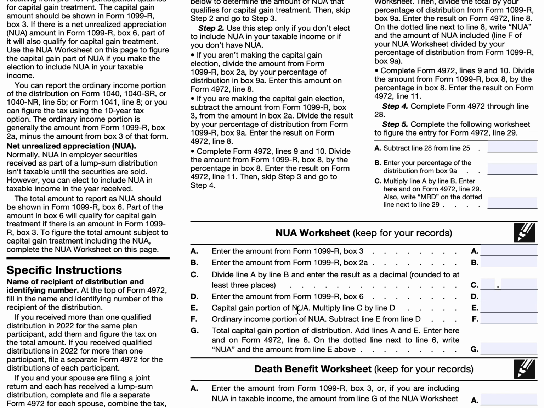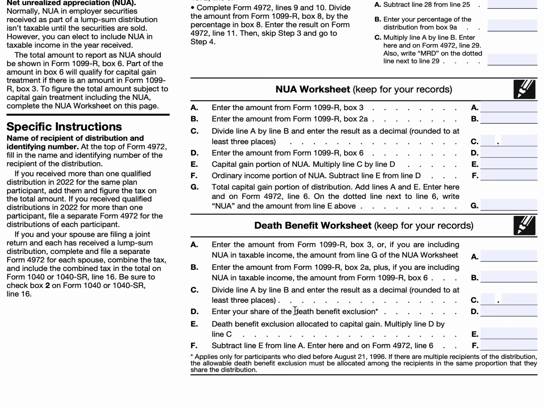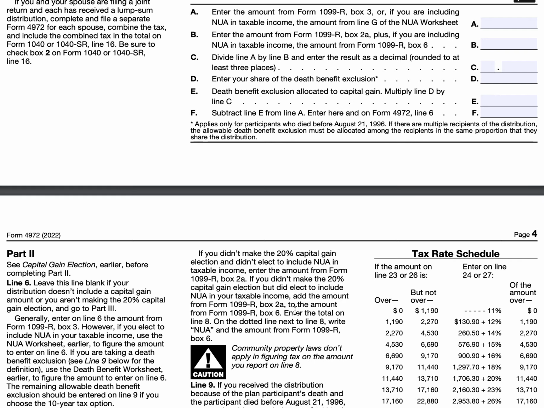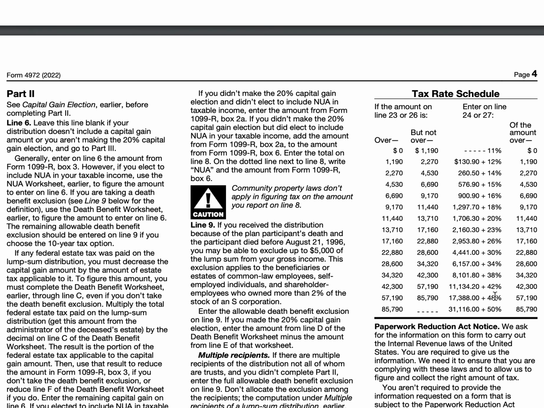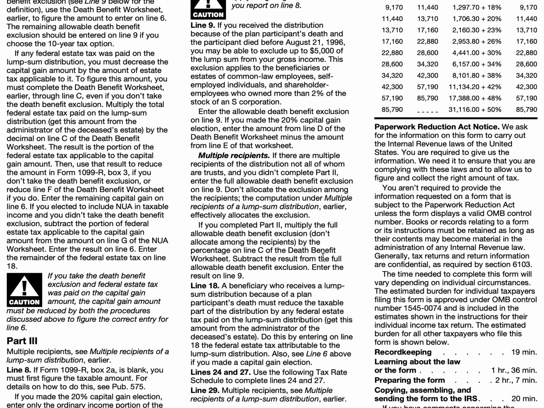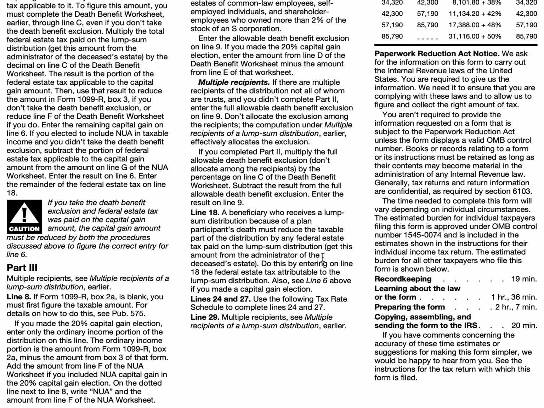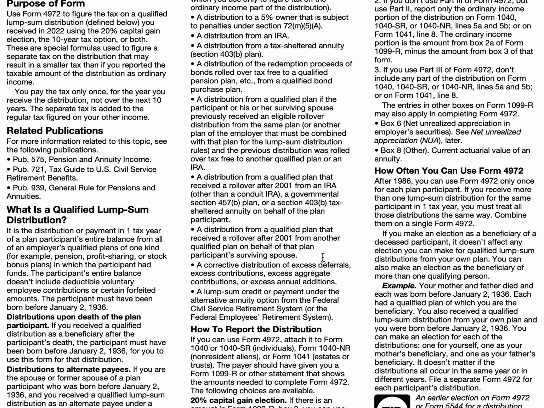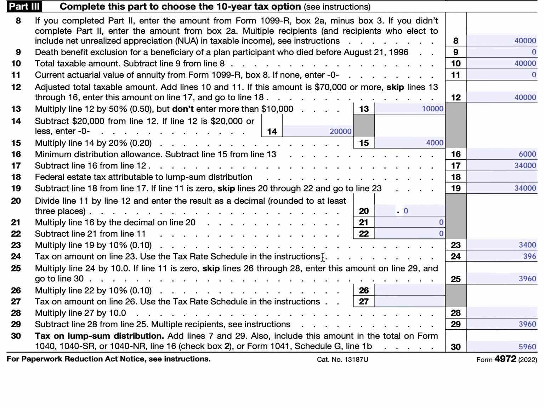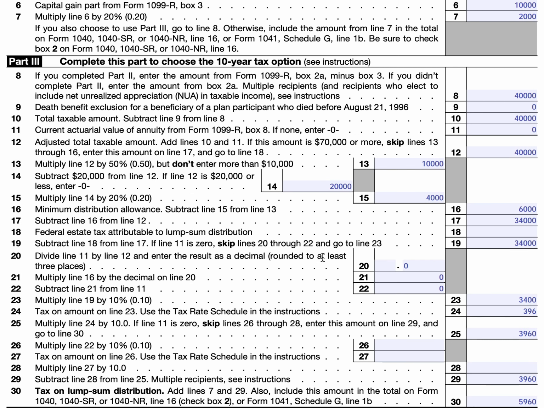It's up to you and your accountant. All of these instructions, here's the tax rate schedule that we discussed, and then scenarios on what to do with multiple recipients if you're a trust administrator, for example, or trustee, or administering an estate. All of that's available in the form instructions.